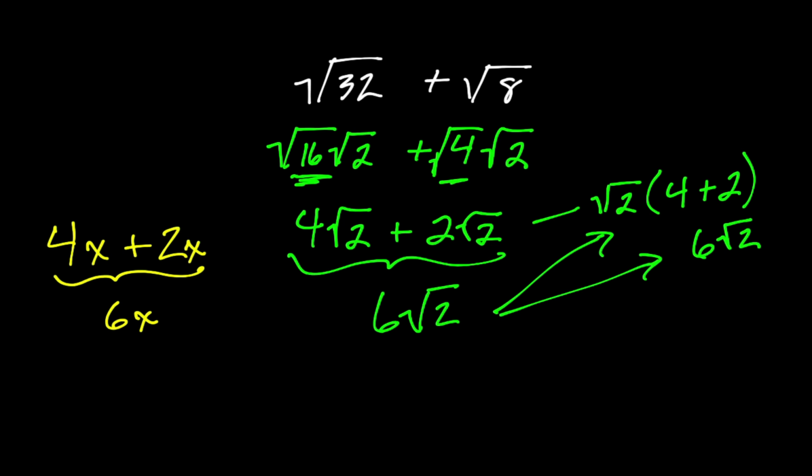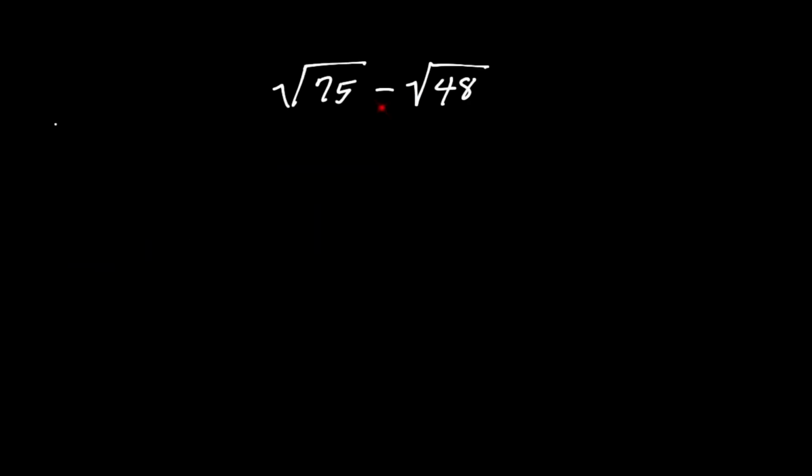All right, so we're not always going to be adding. Sometimes we will be subtracting. So 75, let's see, what is the largest perfect square that goes into 75? I think it's 25. And 25 times 3 is equal to 75, so that works. And then we're going to subtract. Let's see, the largest is 16.